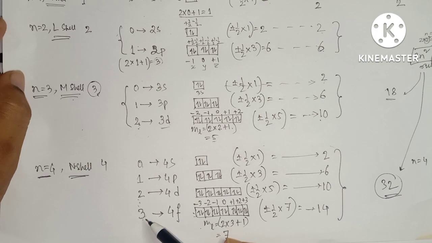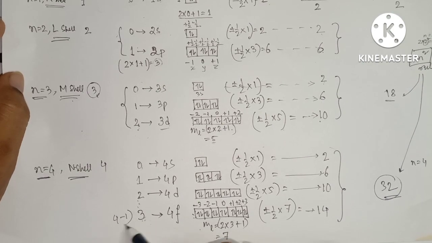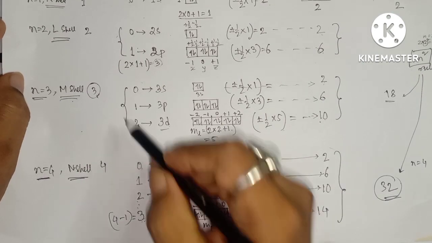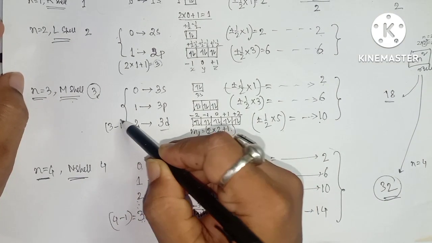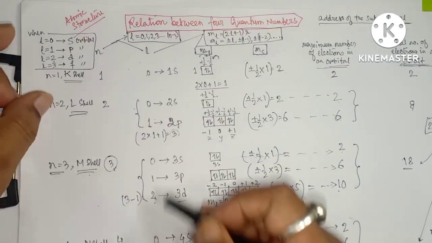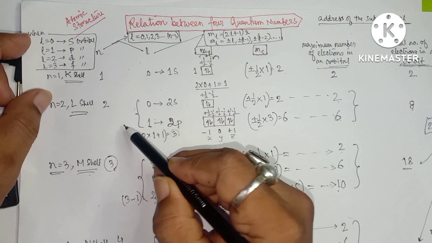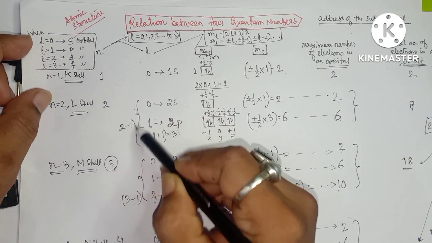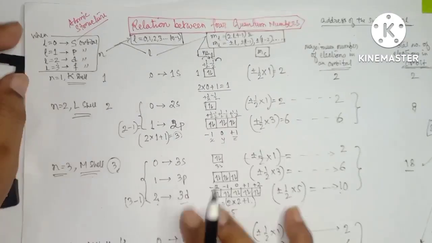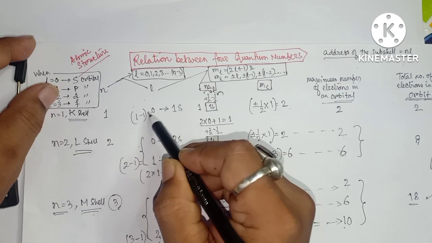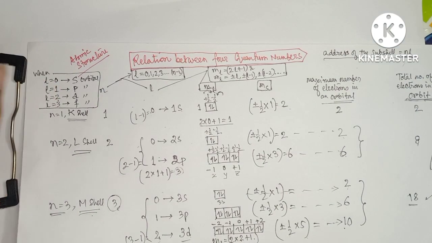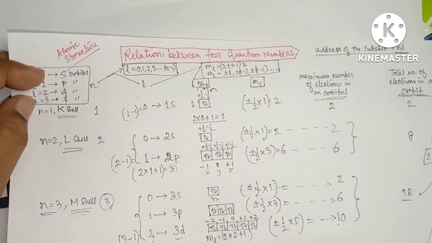You get 3. Here 3 minus 1, you get 2. And here 2 minus 1, you get 1. And 1 minus 1, you get 0. I hope you understand how we get the values.